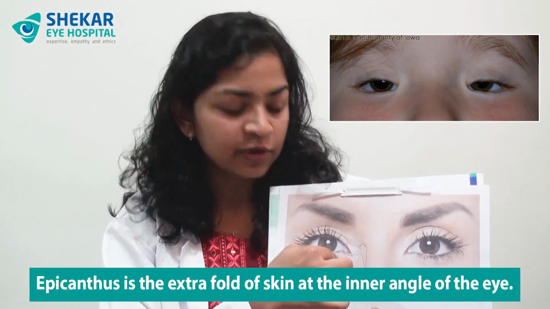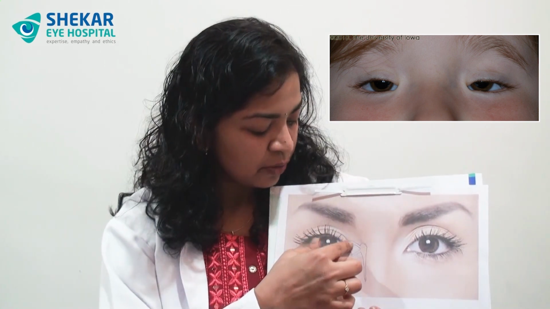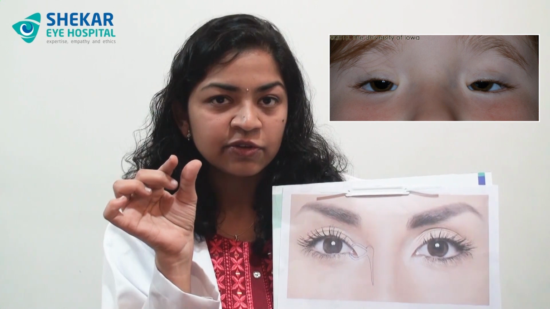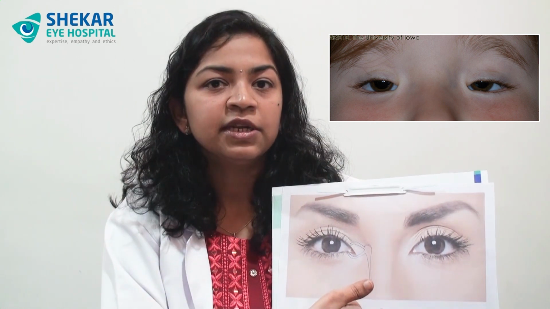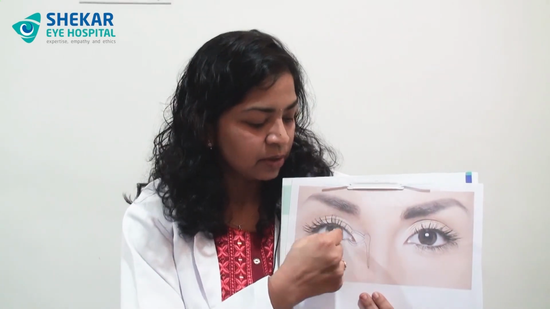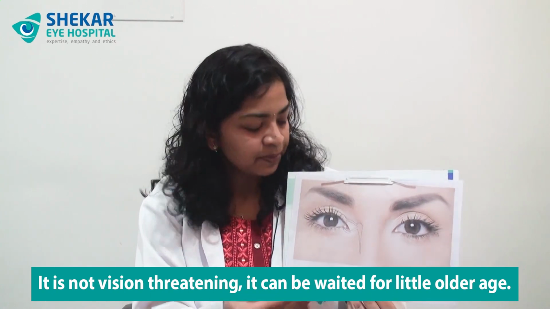Epicanthus is the extra fold of skin at the inner angle of the eye. Overall, this forms a very small palpebral aperture for the child to see. Again, this could be vision threatening or not. If it is vision threatening, the child has to undergo plastic surgery to enlarge the palpebral fissure at a younger age, or if it is not vision threatening, it can wait for a little older age.